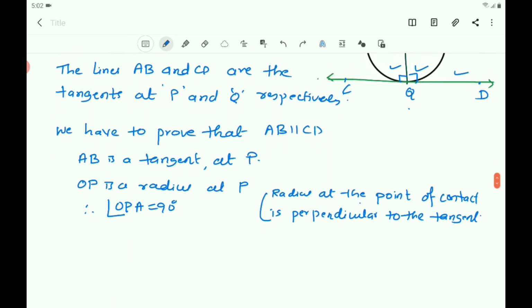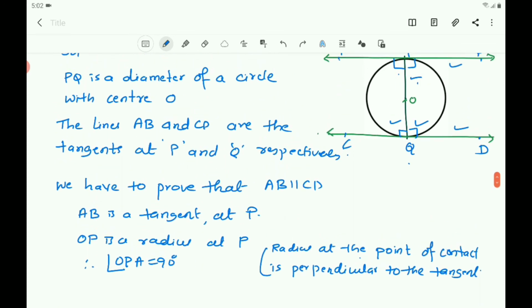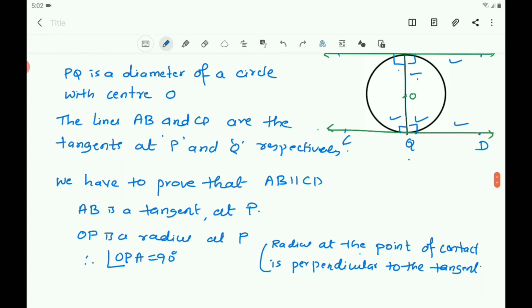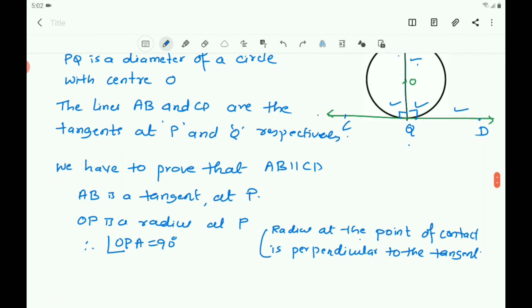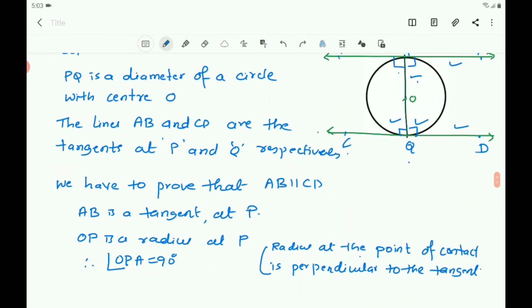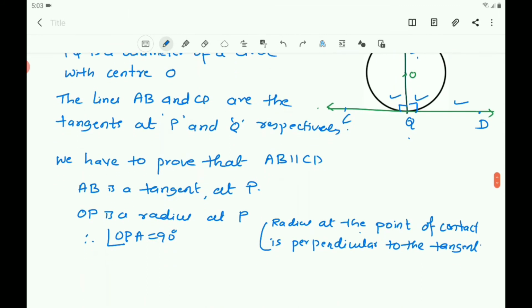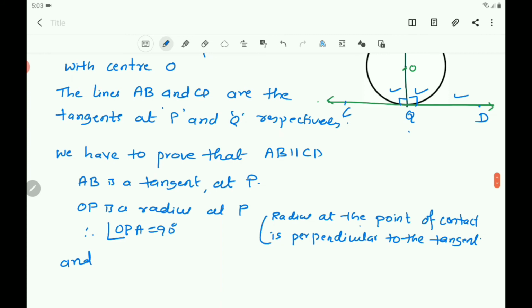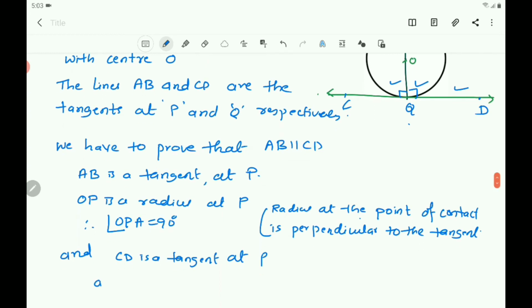Now we have taken angle OPA. Let us take the alternate pairs only. So you take similarly angle OQD is equal to 90 degrees, as CD is a tangent at Q and OQ is a radius at the point of contact.